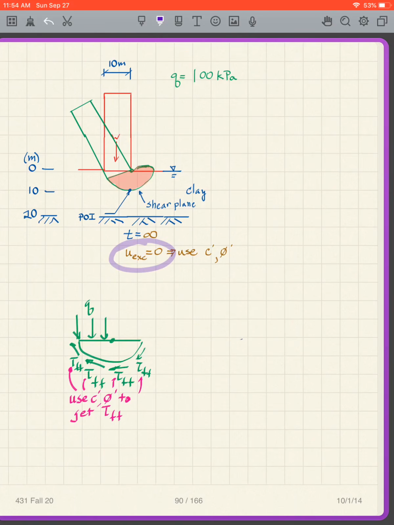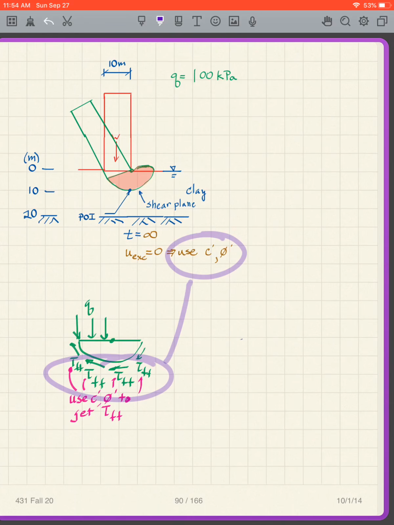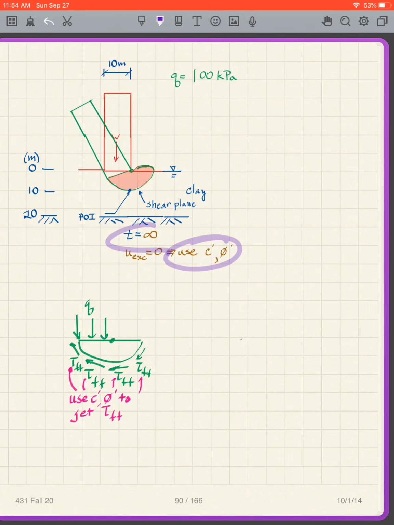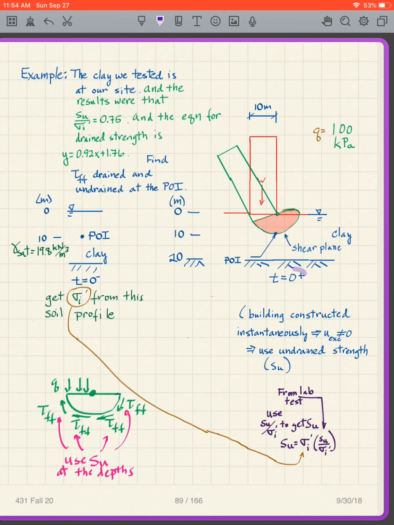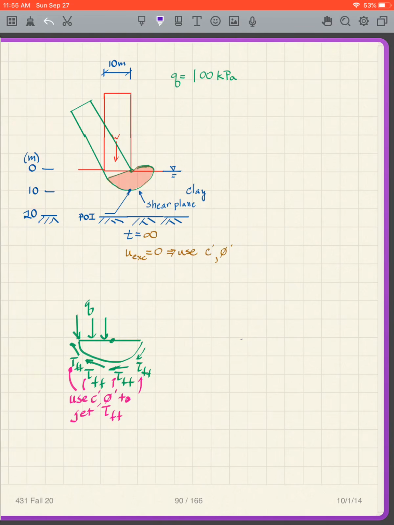Then we have u excess equaling 0, and to get our tau ffs, we need to use the c prime and phi prime. But at t equals 0 plus, we're going to use our Su to get the tau ff.